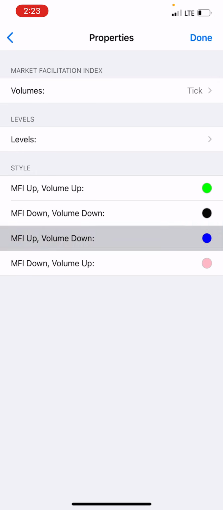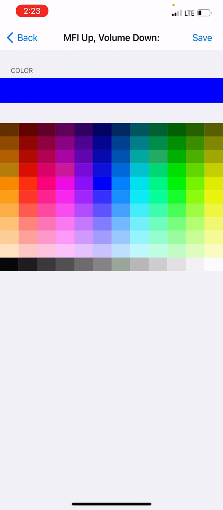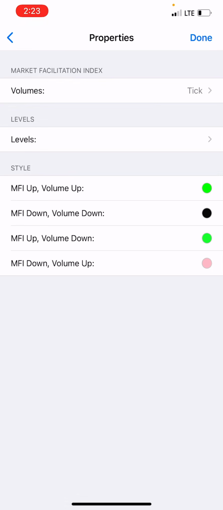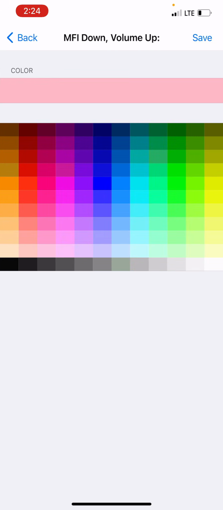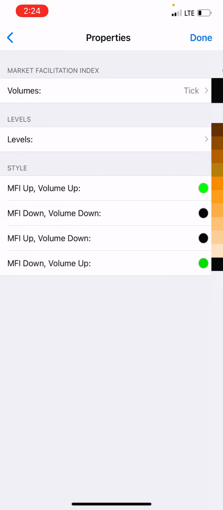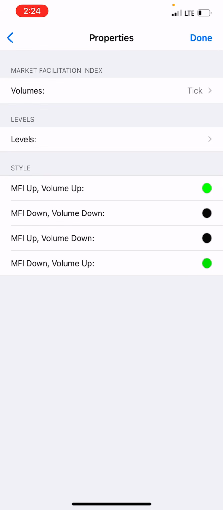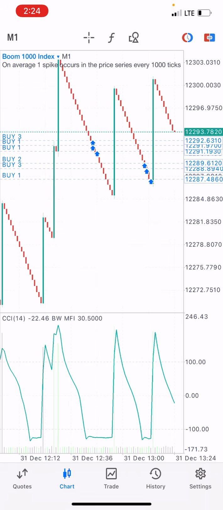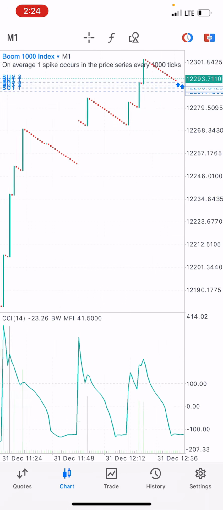For MFI down, volume up, you use green, and for MFI up, volume down, you use black, exactly as you can see on my screen. The levels you ignore, you click done. That is it. So this is how you set your indicators for this strategy.